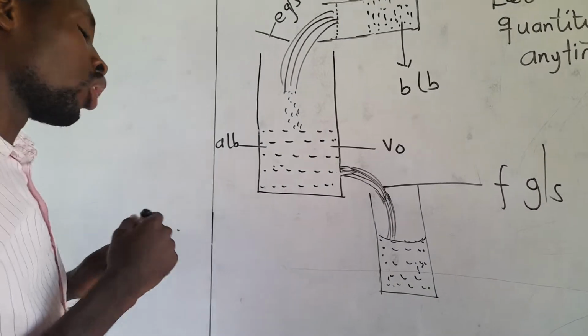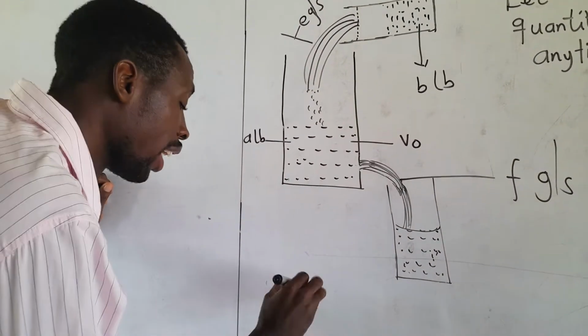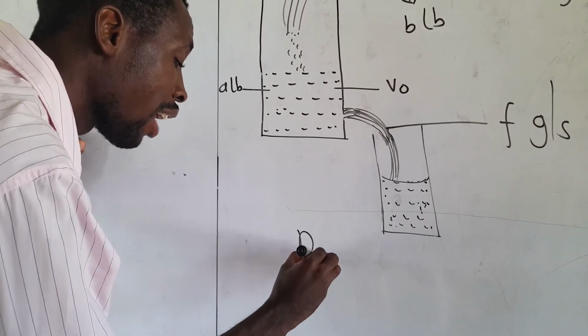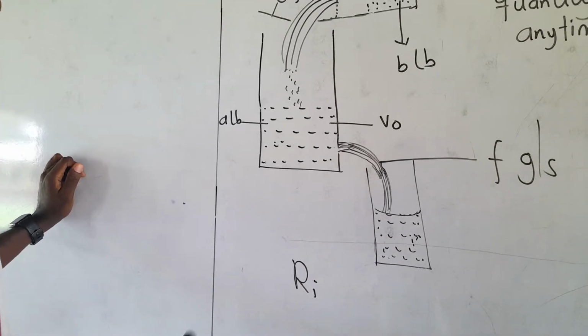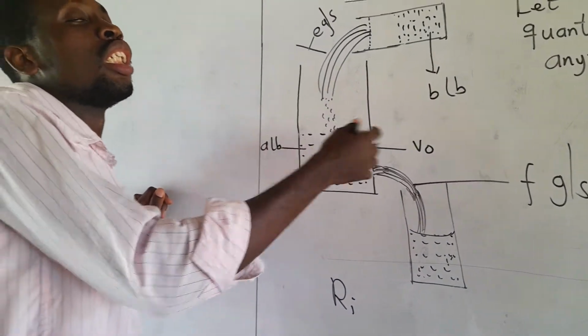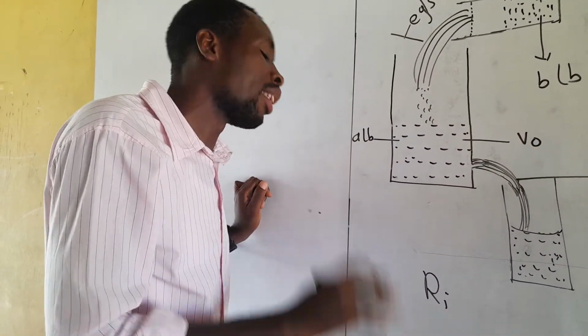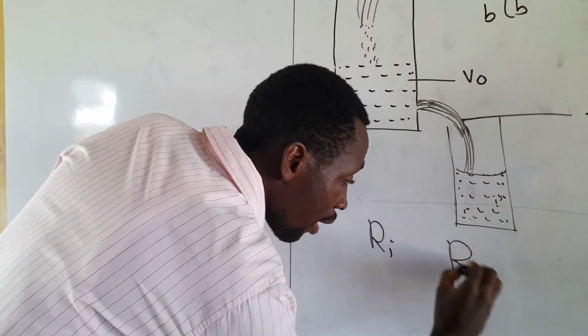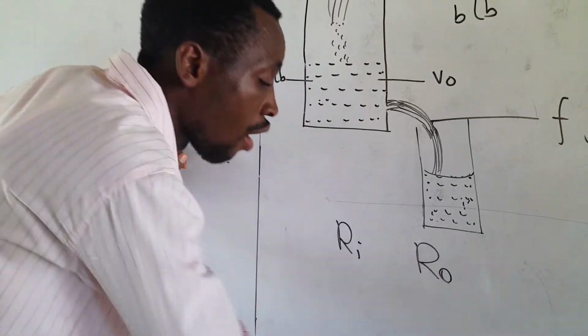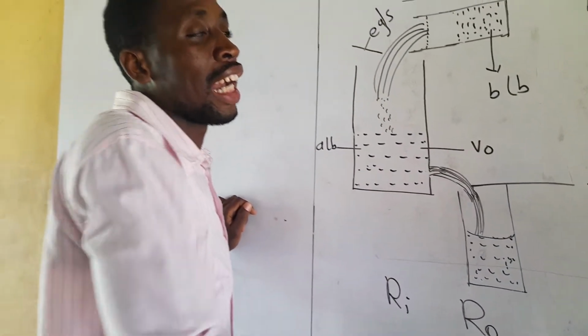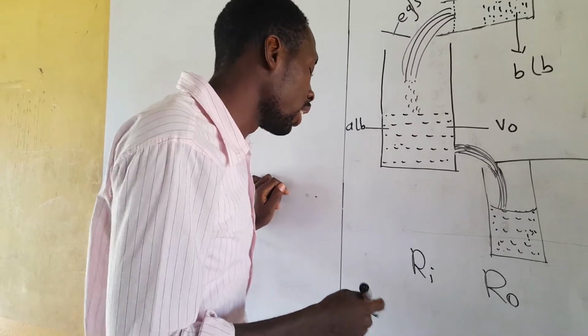Now let's take it that R in, Ri, is the quantity of salt solution that enters the jar at any point in time. And R out is the quantity of salt that comes out of the jar at any point in time.